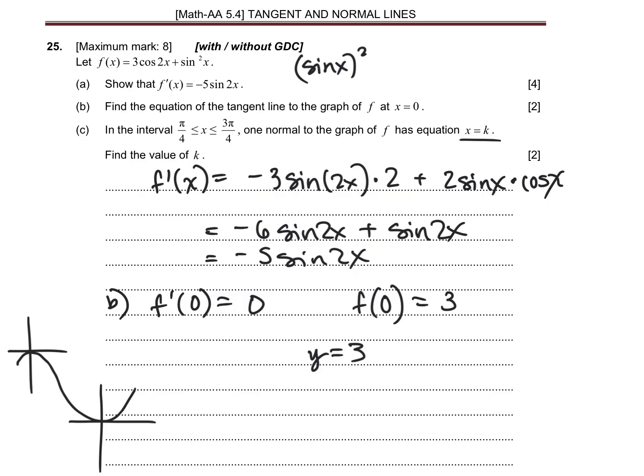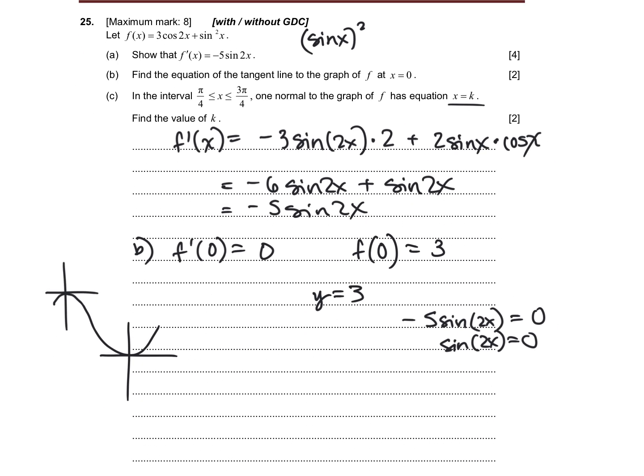So we have to set our derivative equal to 0. So sine 2x is 0. Now, our domain is from pi over 4 to 3 pi over 4. So that's with x.